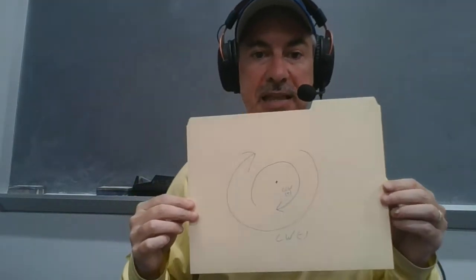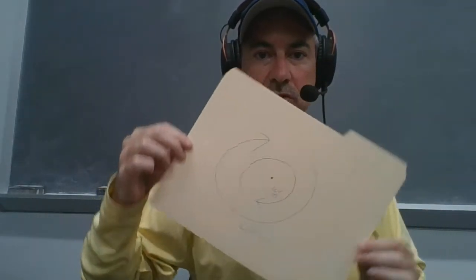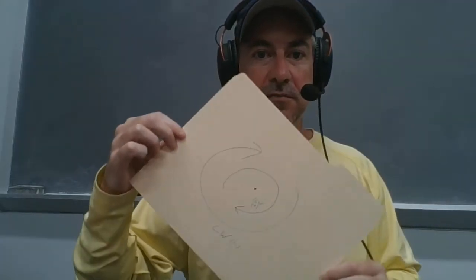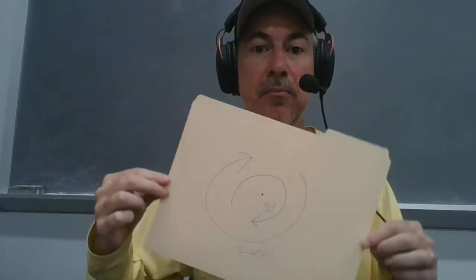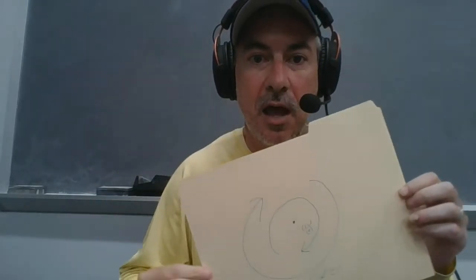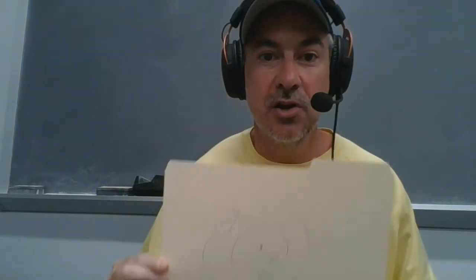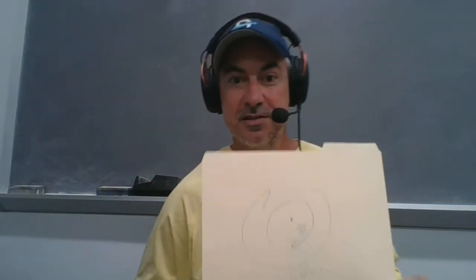So what I'm trying to get you to see is that even though this is two different directions of spin, it's in the same dimension of spin. Because objects also can spin in dimensions.